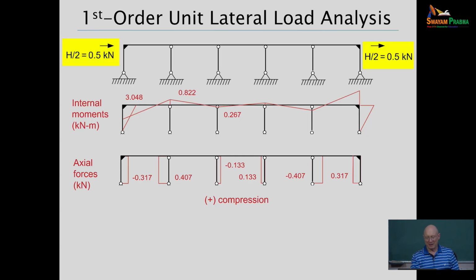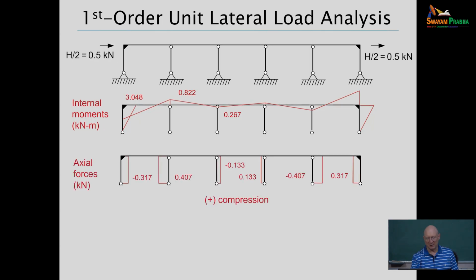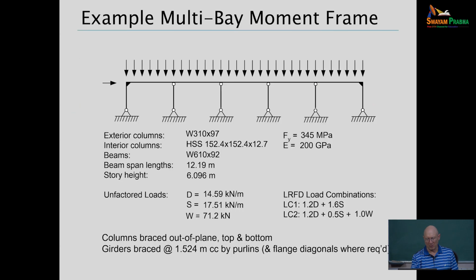Okay? So there's my unit lateral loads. I'm putting half on each side of the building just to avoid any small axial shortening or axial elongation effects in the roof girders if we consider the first order sidesway due to H. And I need to make sure that we're all on the same page: we're running the direct analysis method here, and so by AISC rules, we're looking at load combination 1.